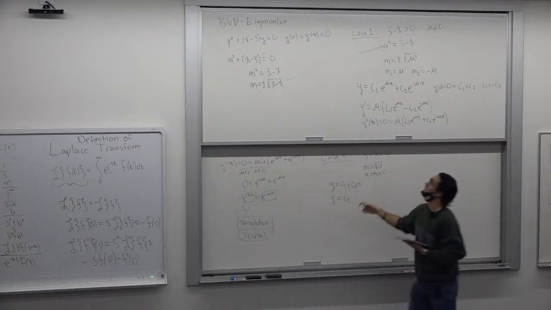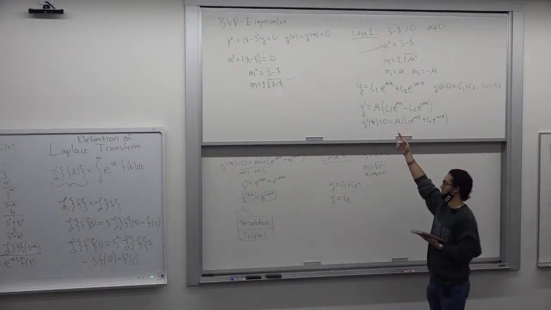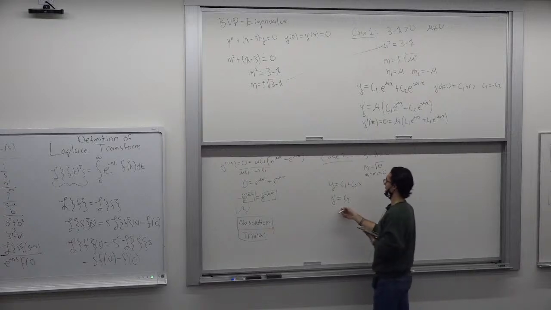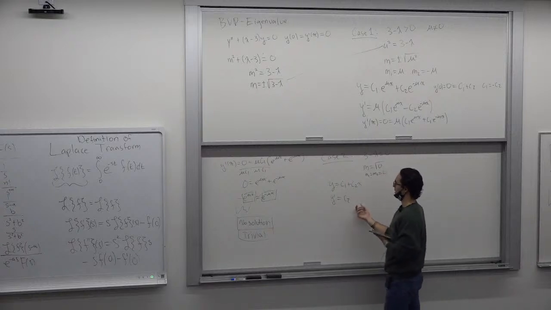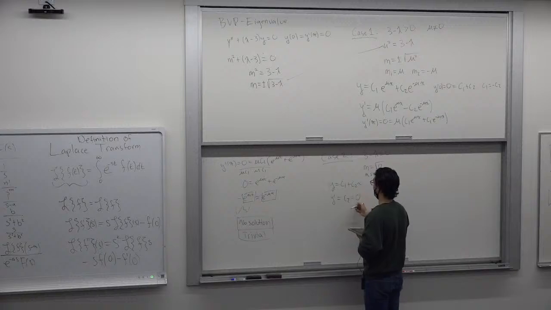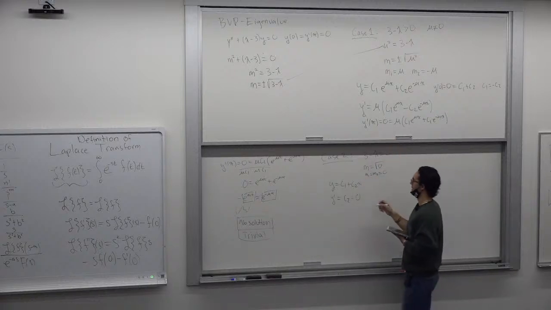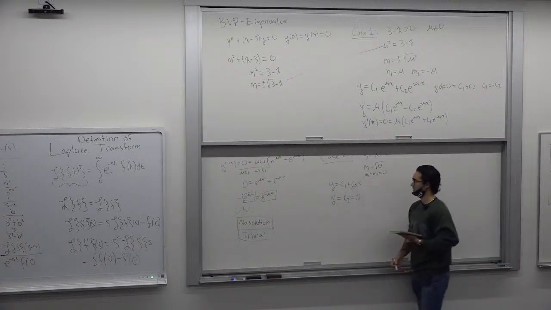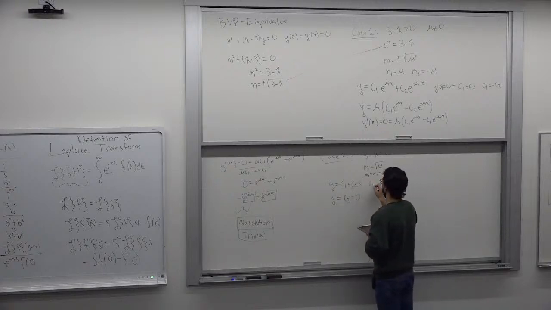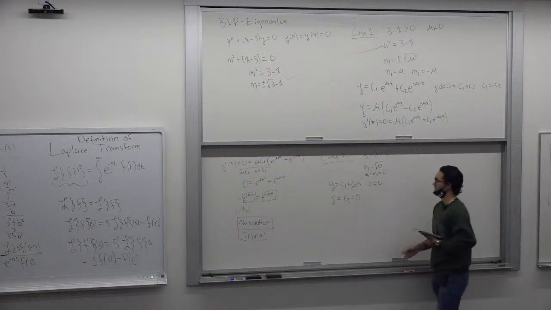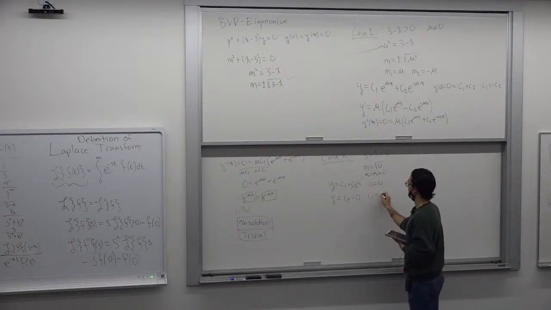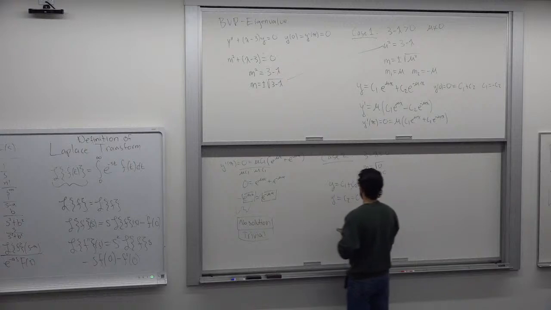And it says that y prime at pi equals 0. There's no x, so c2 equals 0. Now we have y at 0 equals 0. c2 is 0, so we'll just cancel that out. So c1 also equals 0. So we're going to have no solution again.